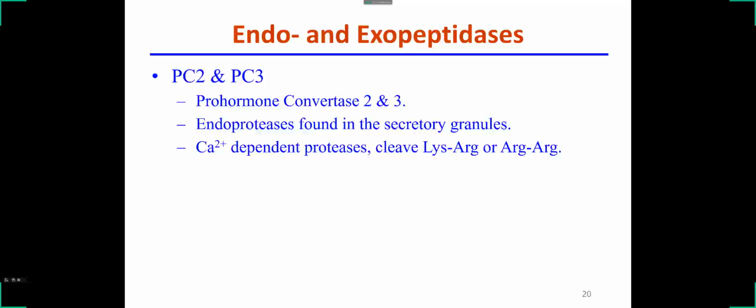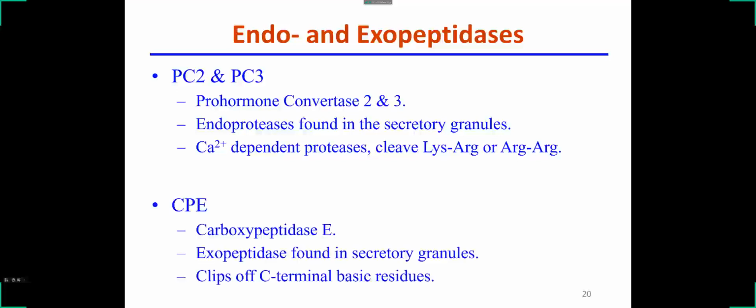They are endoproteases found within the secretory system. They are calcium-dependent proteases, and they recognize and cleave at lysine-arginine or arginine-arginine specific cleavage sites. So they're responsible for taking off this C chain from the A and B to separate them.